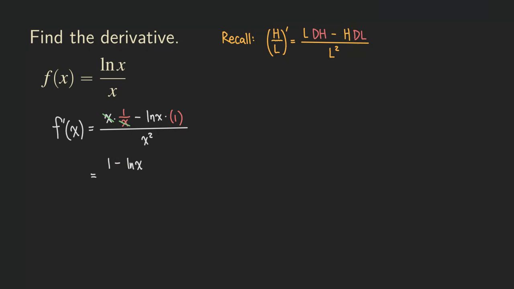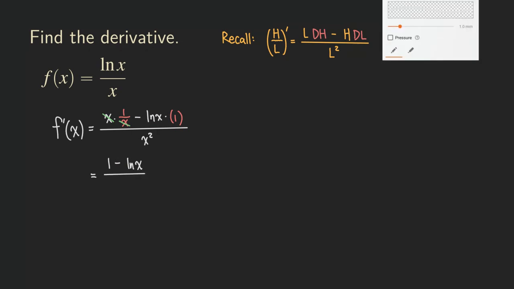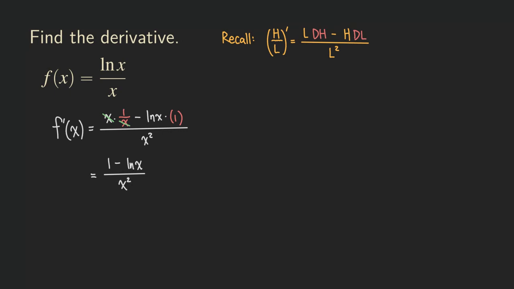And then we are getting the x squared. Okay, so there is no other way that we can simplify this right now, unless you want to just break up the fraction into 2, which will become 1 over x squared, and then minus ln of x over x squared.